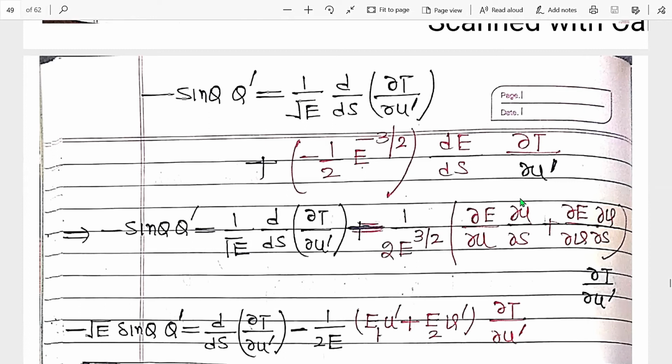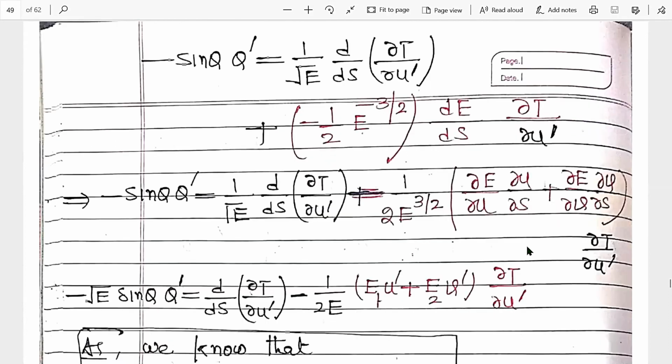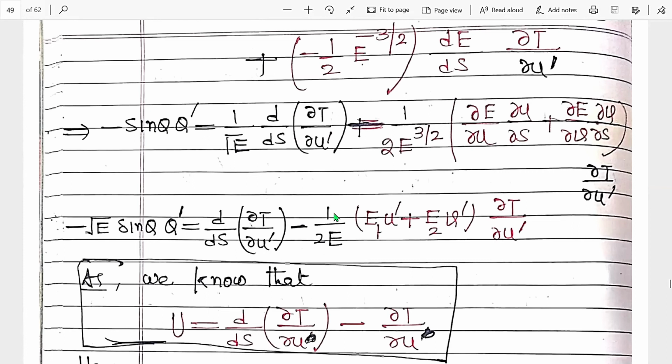This means u dash and this means v dash, and differentiating with respect to u is denoted by 1, and with respect to v is denoted by 2. So this term is converted to minus 1 by 2E (E1 u dash plus E2 v dash) curly T by curly u dash.